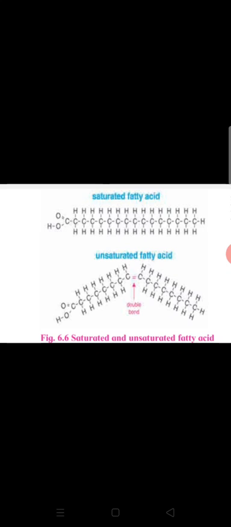For example, oleic acid found in fats, linoleic acid found in seed oils. Unsaturated fatty acids are liquid at room temperature, so called oils. Fatty acids are basic molecules which make different types of lipids.